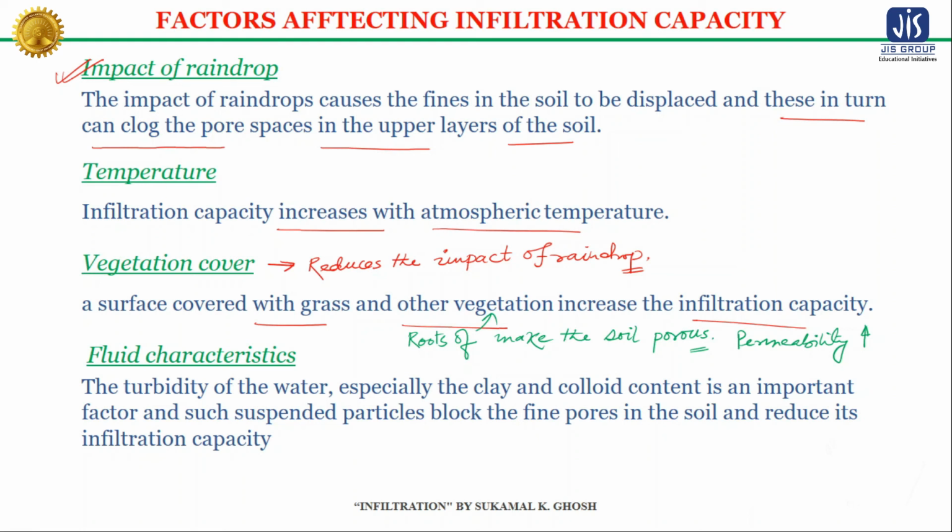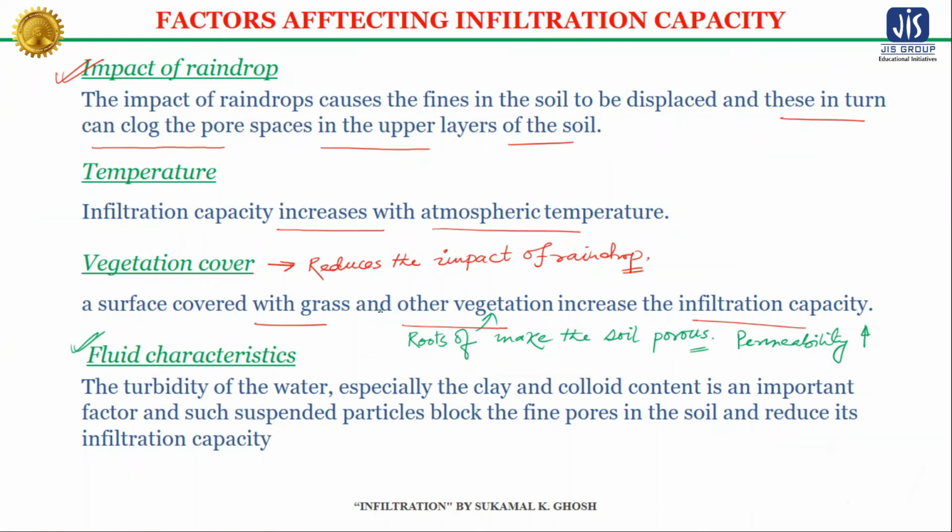Now, last but not the least is fluid characteristics. The water infiltrating into the soil will have many impurities, and these impurities are either in solution form or in suspension.